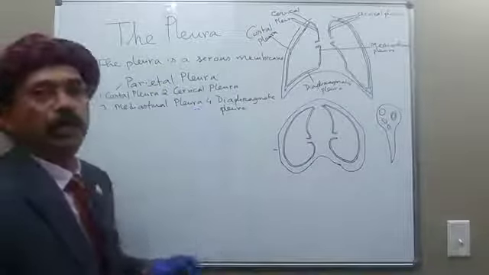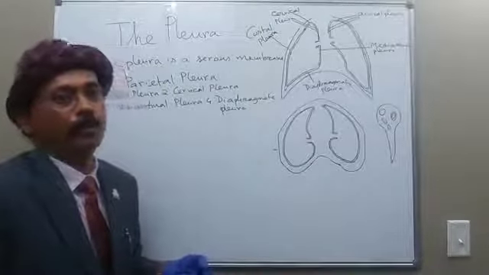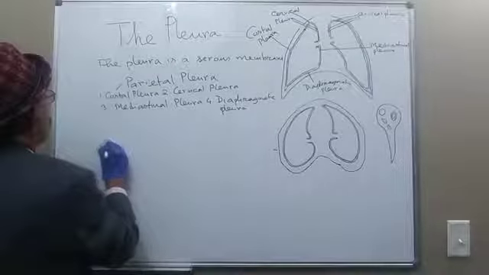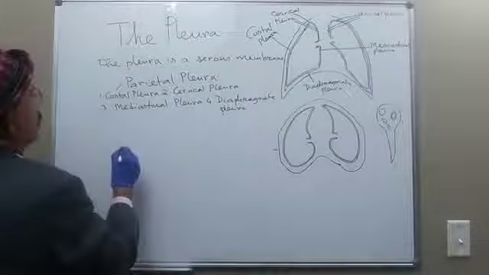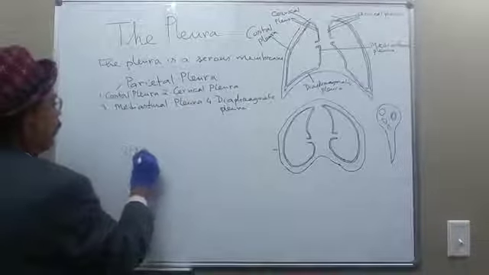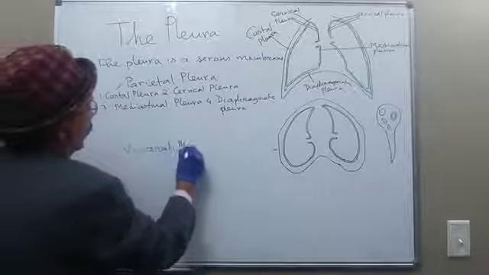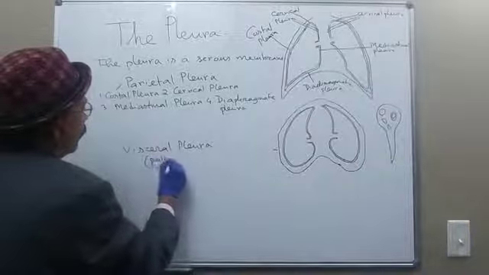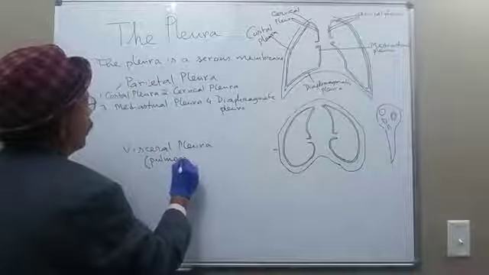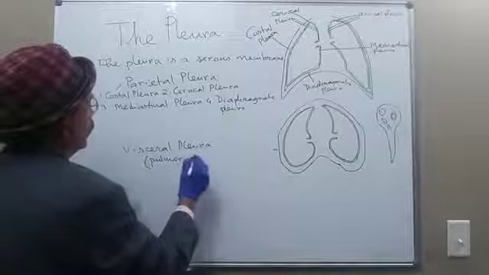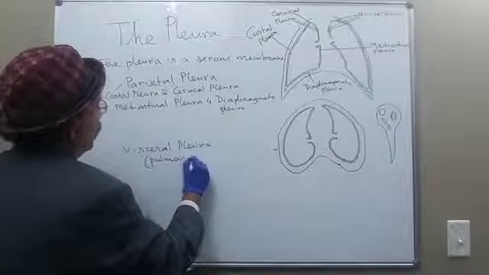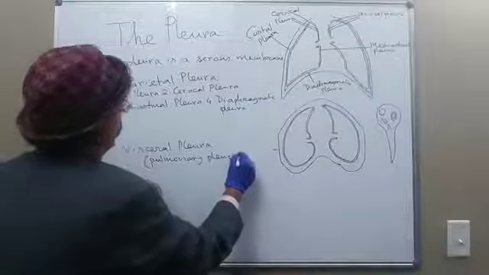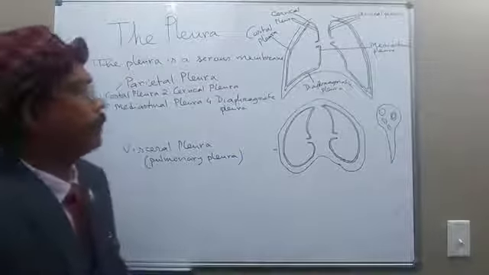They are lined by mesothelium, the simple squamous epithelium. We have the pulmonary pleura, the visceral pleura, also lined by simple squamous epithelium.